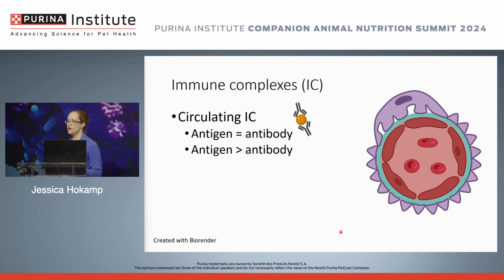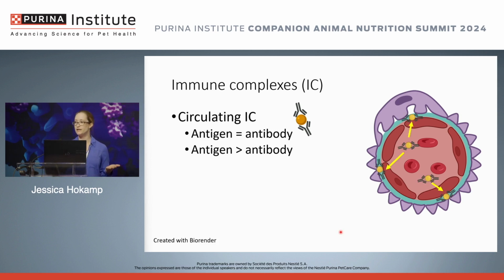Immune complexes come in a couple of flavors. We have circulating immune complexes as well as in situ formation of immune complexes. Circulating immune complexes are when we have antigen and antibody in relative equivalence, or a slight excess of antigen compared to antibody, circulating in the blood.